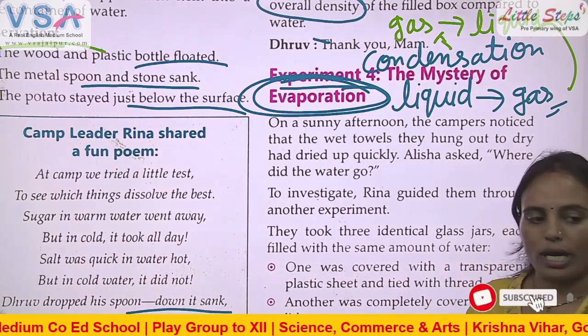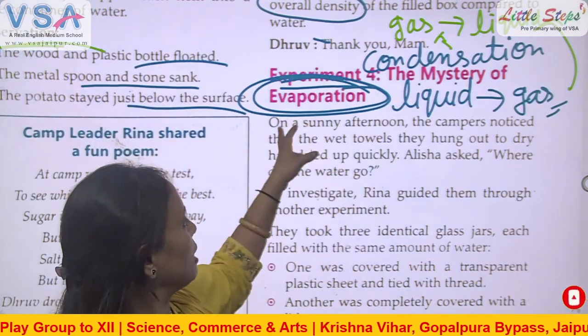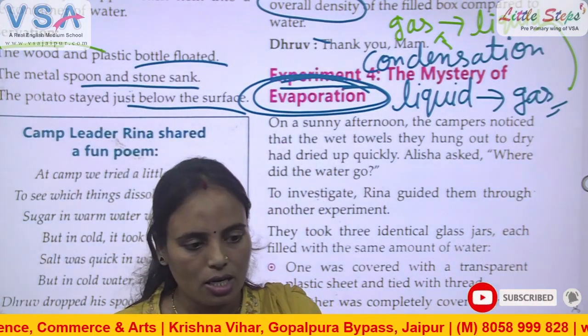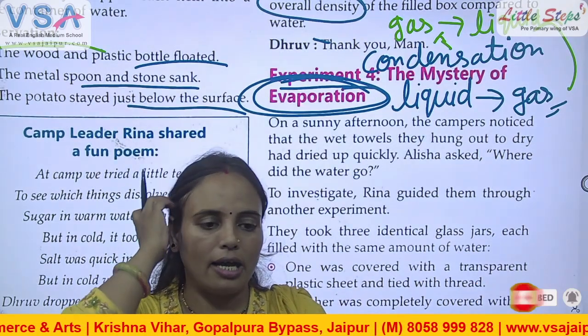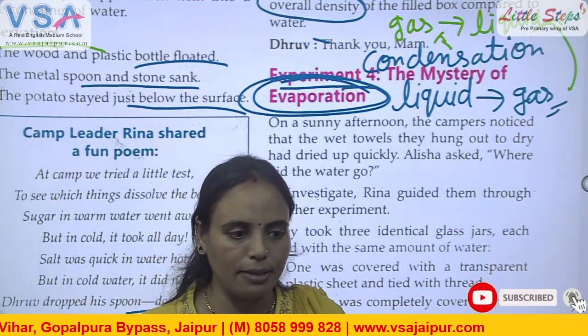Okay, as you all know, our period is over, right? So we will do experiment number 4 in our class tomorrow. Okay, I have a question for you and you will give me the answer in the comment box.